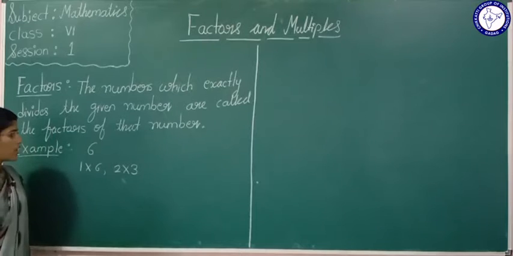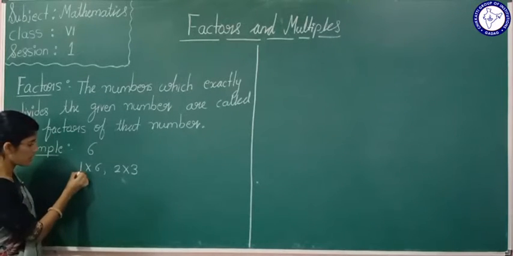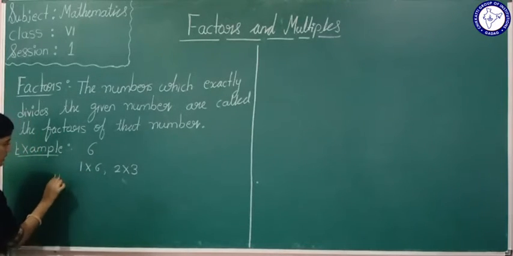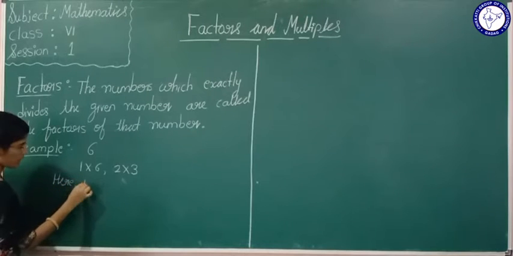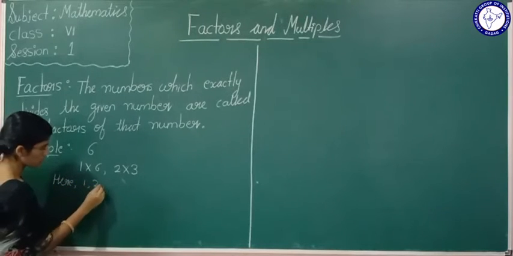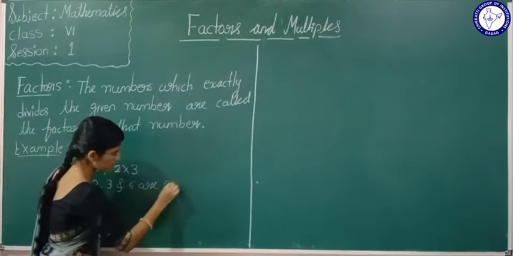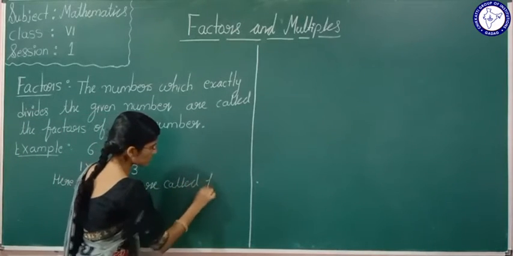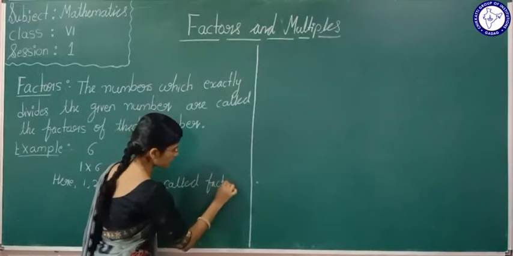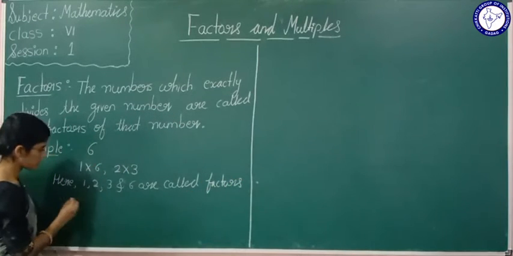Now see here, 1, 2, 3 and 6 are called factors of 6.